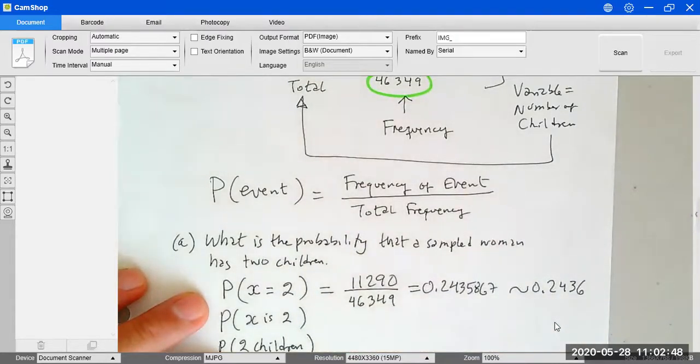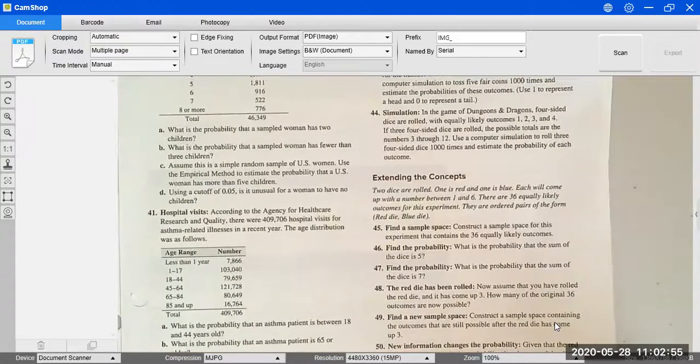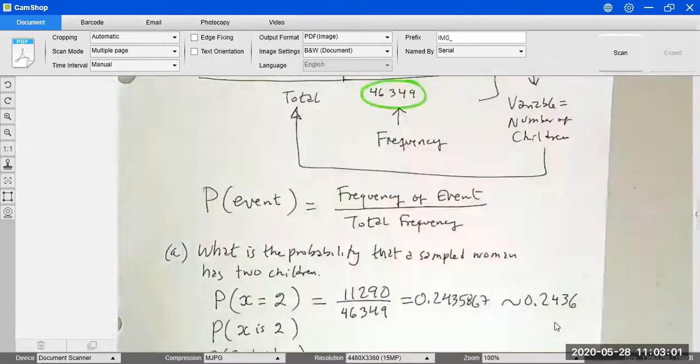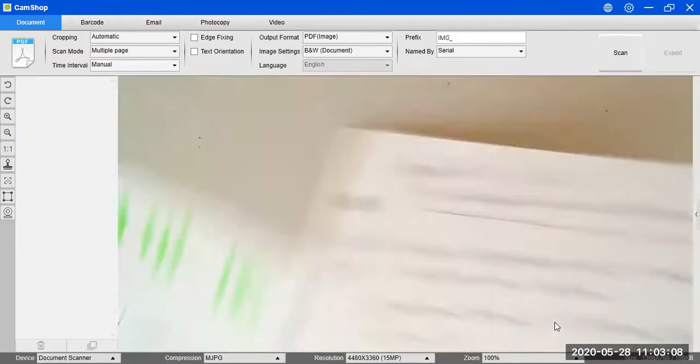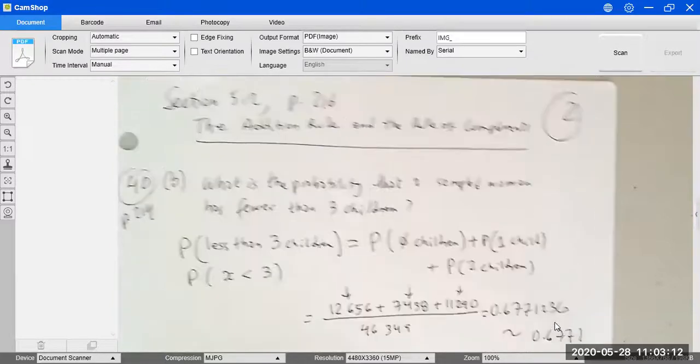Now, what happens with the second question? The second question is: what is the probability that a sample woman has fewer than 3 children? This is the case where we're going to have a compound event. How did you solve this problem?